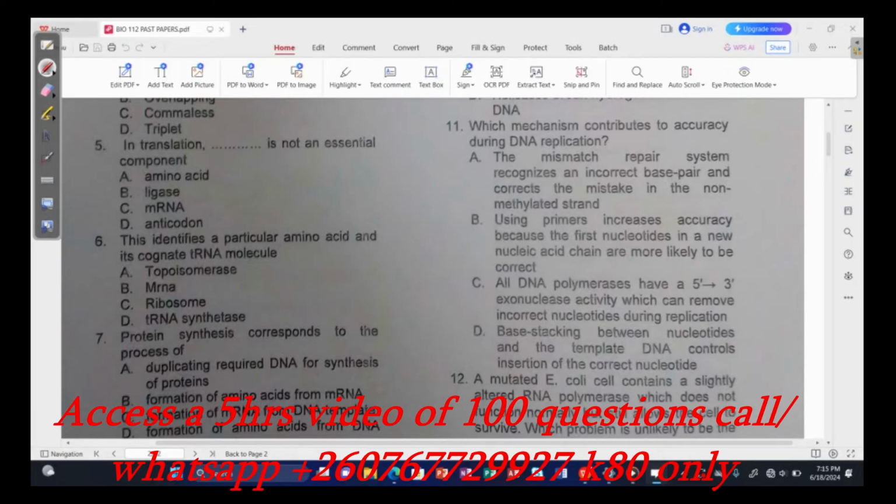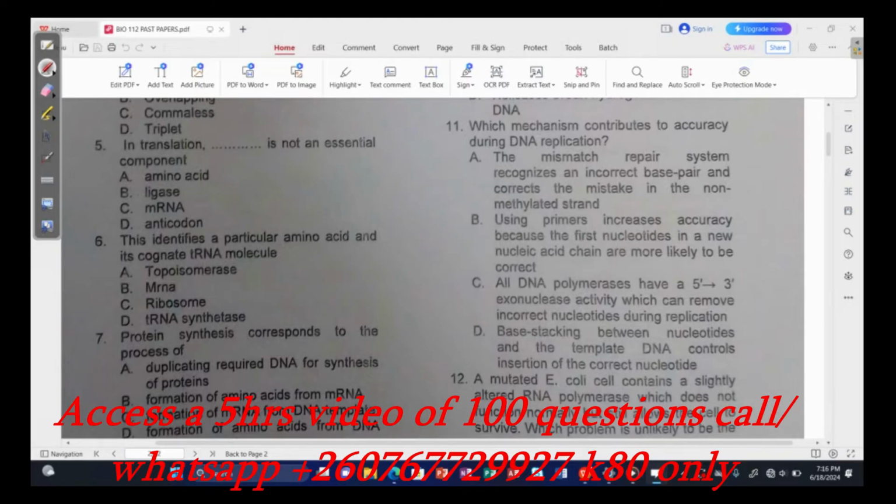No. The use of primers decreases accuracy. Why? It's because primers are made up of RNA bases. In a case where these bases have not been removed, it's going to result in what? In a base mismatch. Let's say uracil remains there. It's going to result in a base mismatch. So it decreases accuracy and does not increase it.